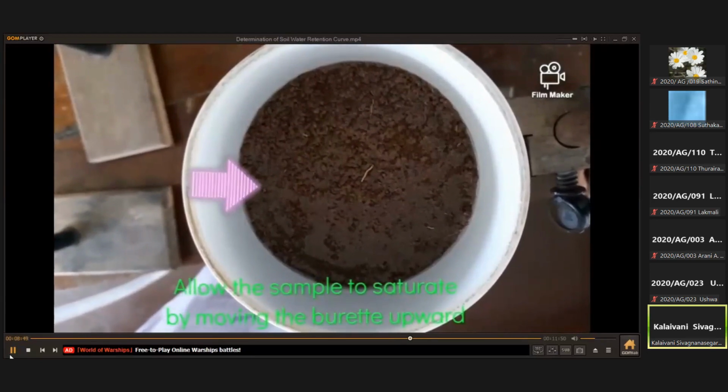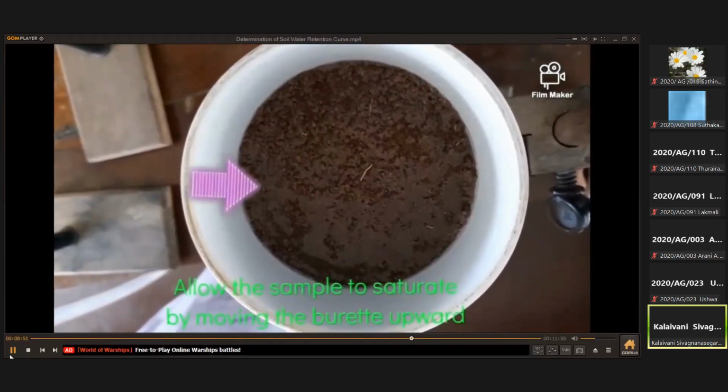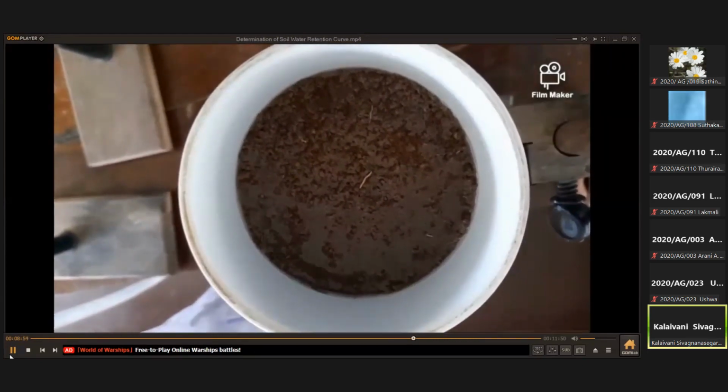Okay, so now you can see the whole soil is saturated with water.